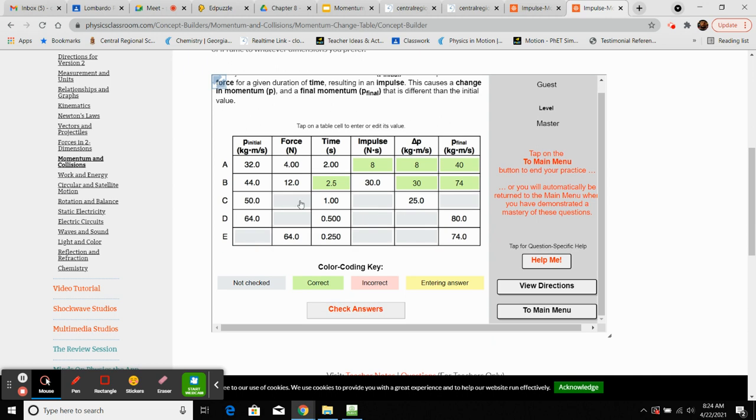So do you guys understand how and why this is related to each other? All right, because you will get questions like this when we have our assessment. You may get a table or something like this where you have to fill in the right spots. Or I may just say, for letter A, what should the impulse be?